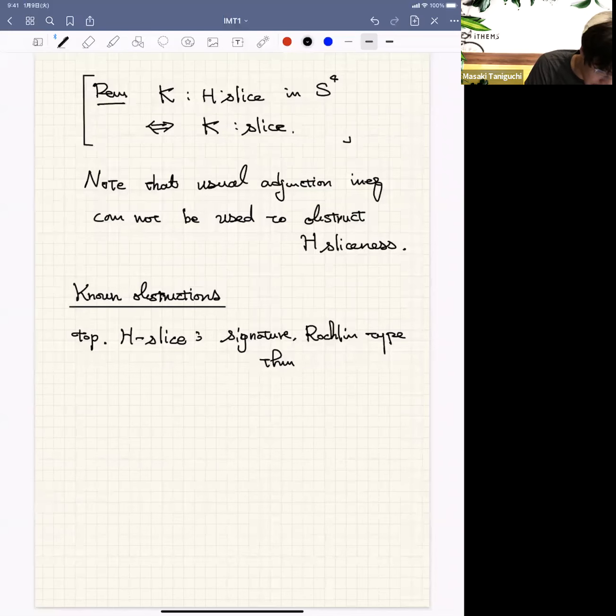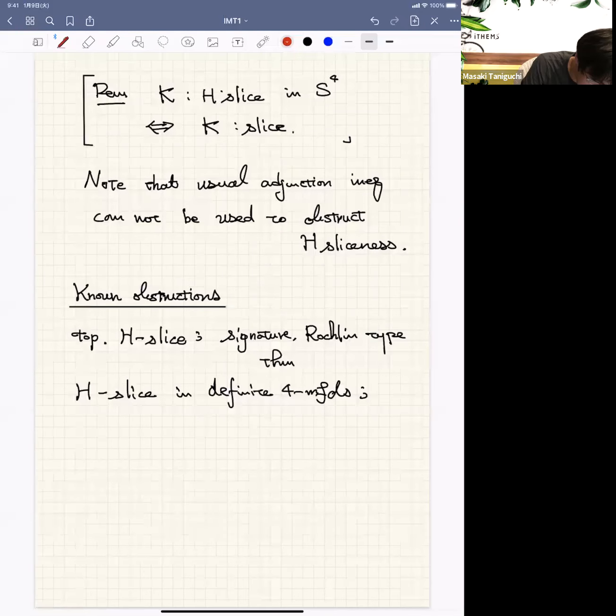First, H-sliceness in definite four-manifolds. Definite means the intersection form of the four-manifold is definite. For such manifolds, the Heegaard Floer tau invariant gives an obstruction.